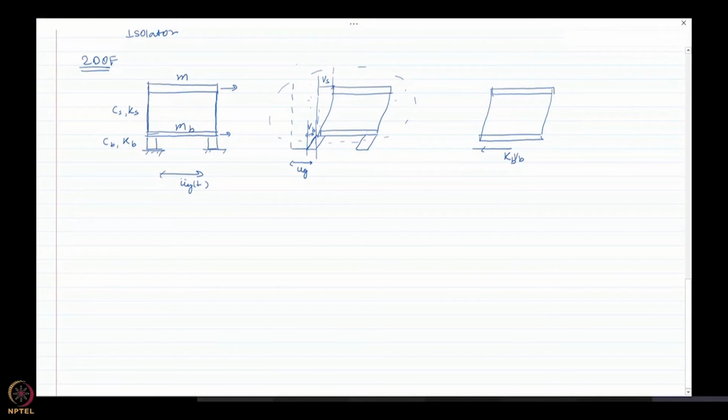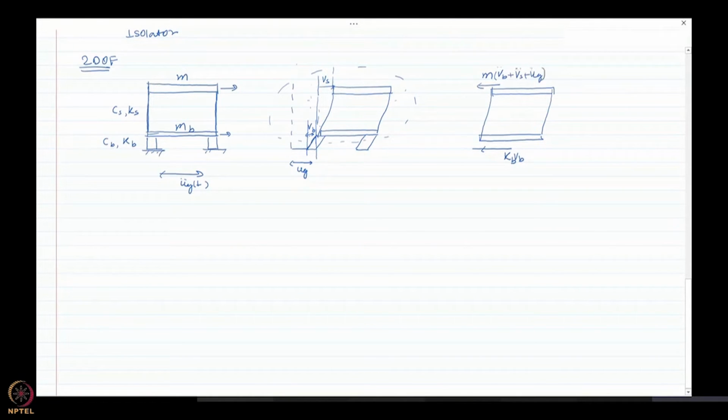Now my structure is moving right, so I have to apply inertial forces. If I apply the pseudo forces, it would be opposite to the direction of motion. So for the top mass, it would be mass times total acceleration. Now the total acceleration would be Ug plus Vb plus Vs, due to each of these three quantities. So it would be M times Vb plus Vs plus Ug acceleration.